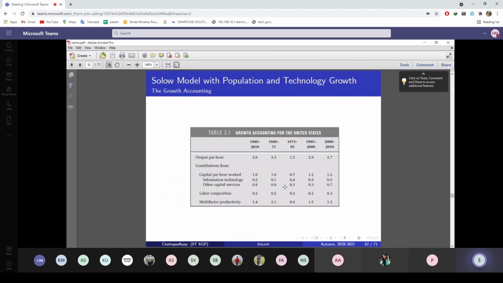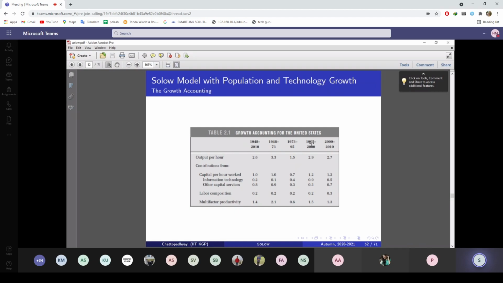And this is basically what people have done over time. This is for USA from 1948 to 2010. What they actually found is this multi-factor productivity, which is basically your TFP in this case. For the entire time period, 1948 to 2010, it is 1.4%, 1948 to 73, 2.1%, 73 to 95 it has fallen down to 0.6%.